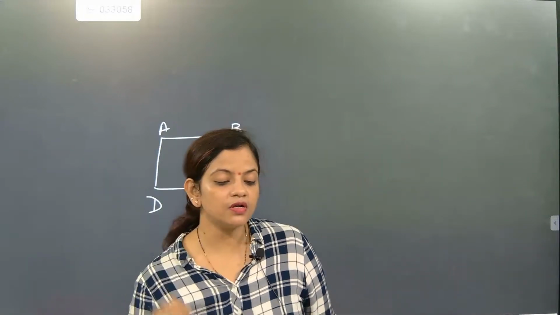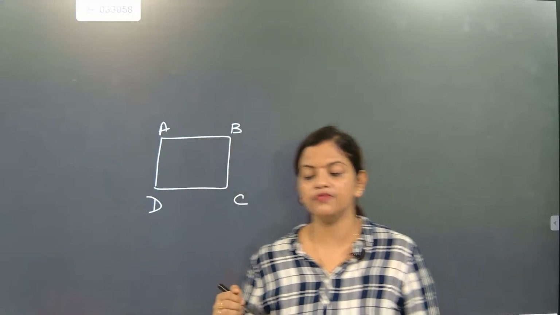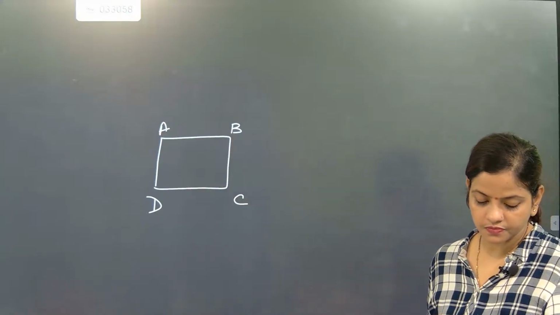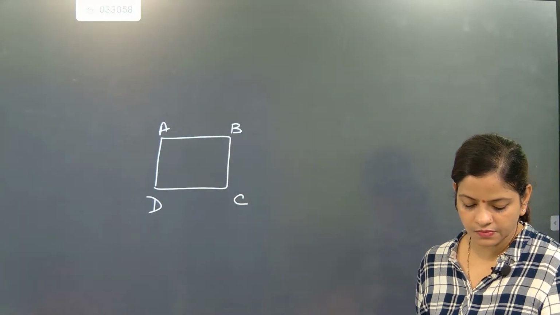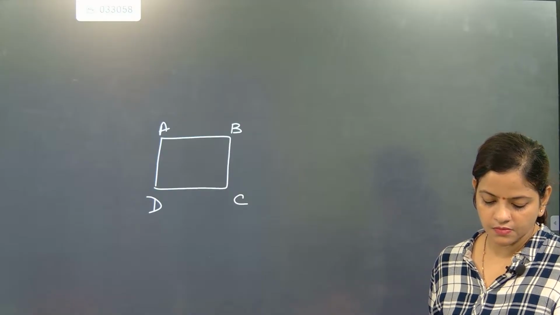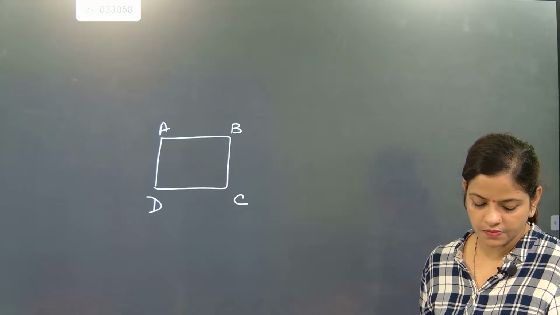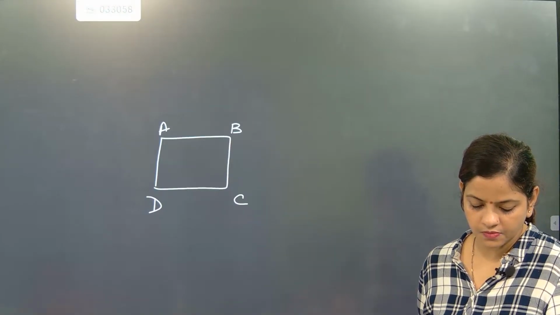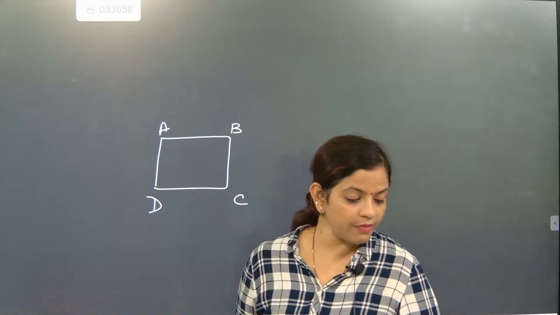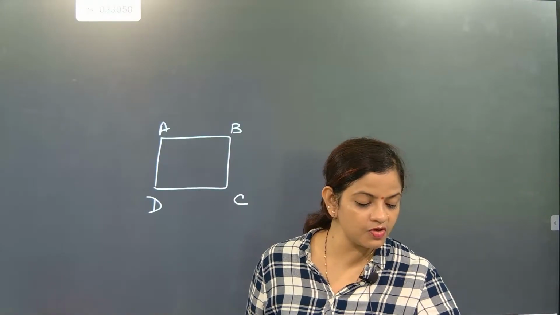So that means what? A polygon which has exactly four sides. So now look at a polygon having four sides.